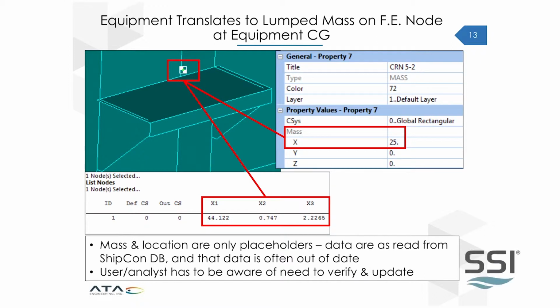What we had been told is that the mass and CG information of equipment isn't necessarily always accurate in ShipConstructor, because it's on the onus of whoever put it in there to make sure it's correct. So there's a requirement to go through and make sure that what came out matches ShipConstructor, but there's also an intent to make sure that it matches up with reality.